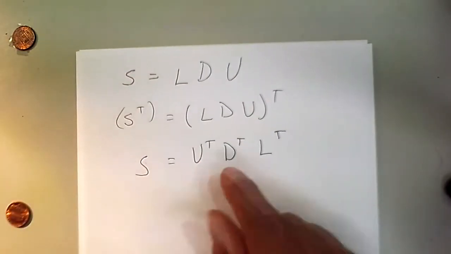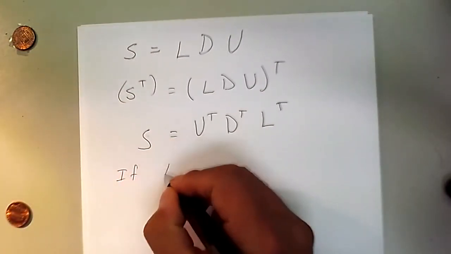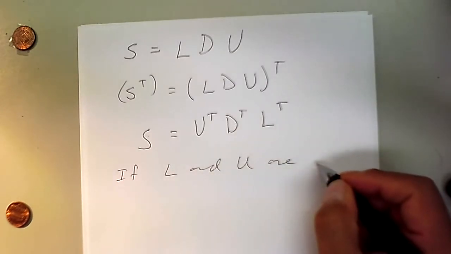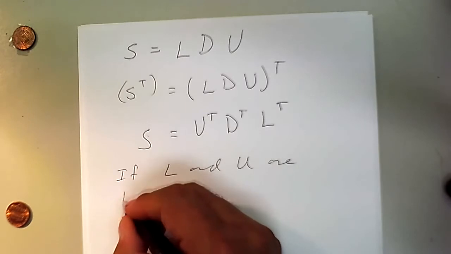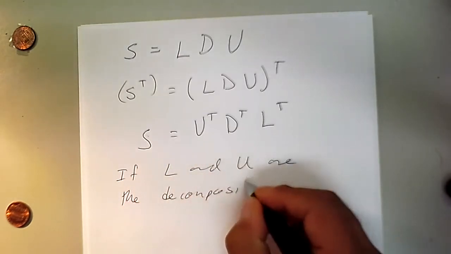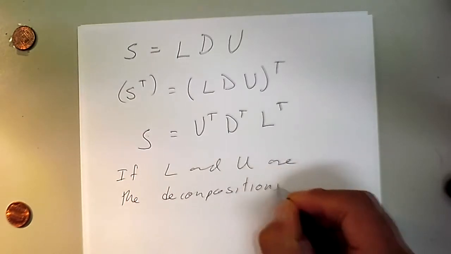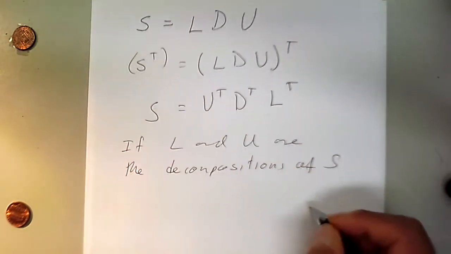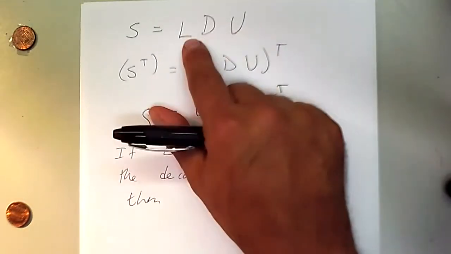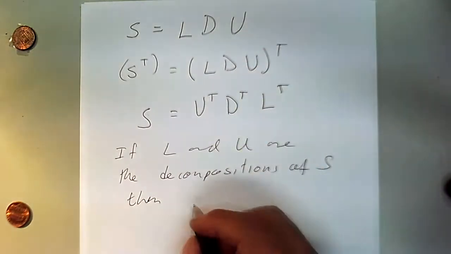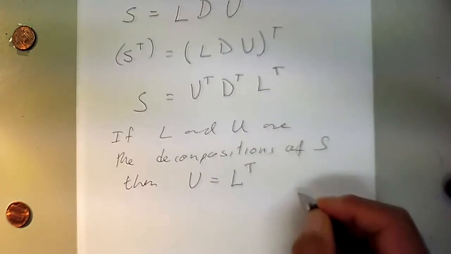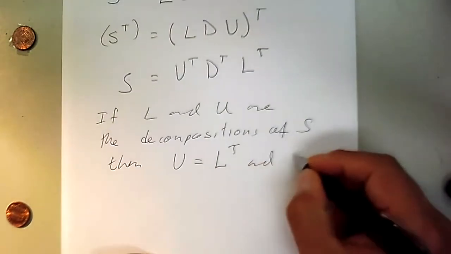So if L and U are the decompositions of S, then once you find L, you found the other one, because U is going to be the transpose of L, and that is reciprocal.